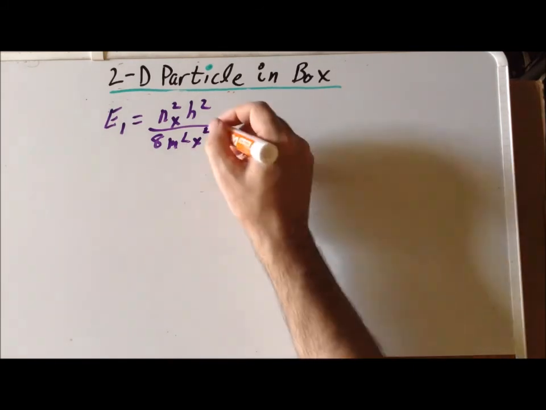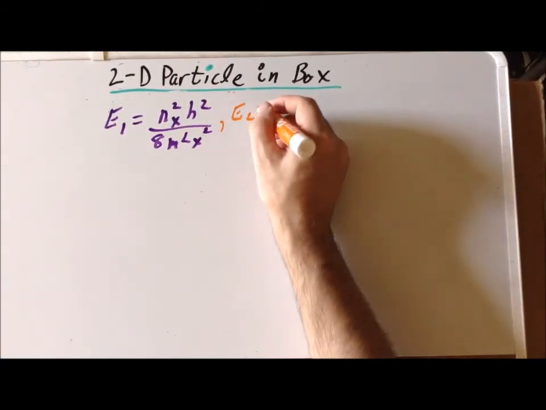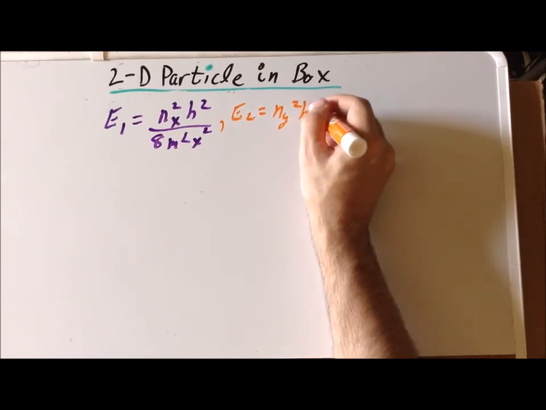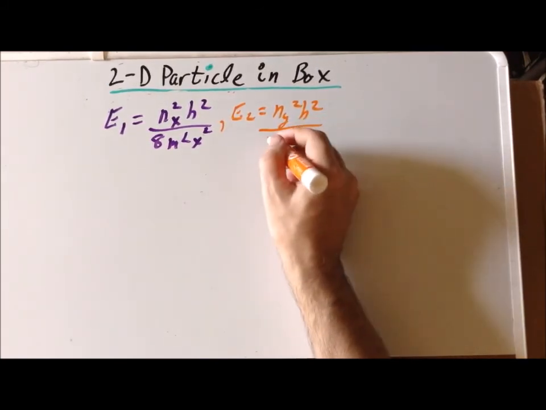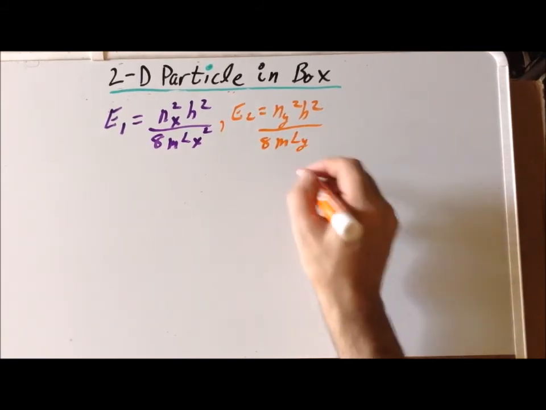Similarly, the energy E sub 2 is the energy with respect to y. So we have n sub y squared, h squared, divided by 8m L sub y squared, so we have to replace it with L sub y.